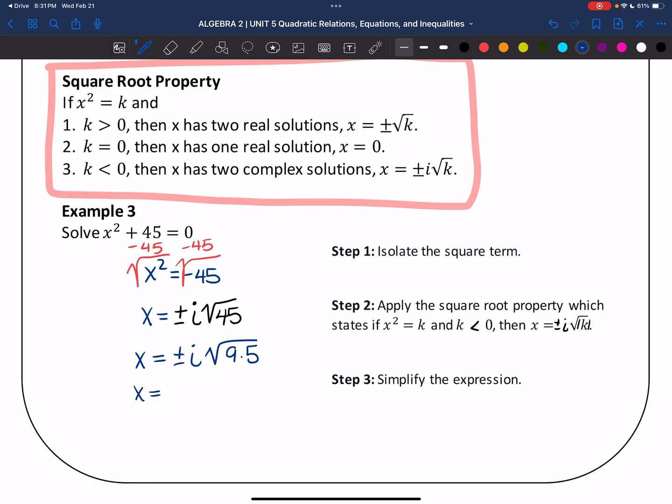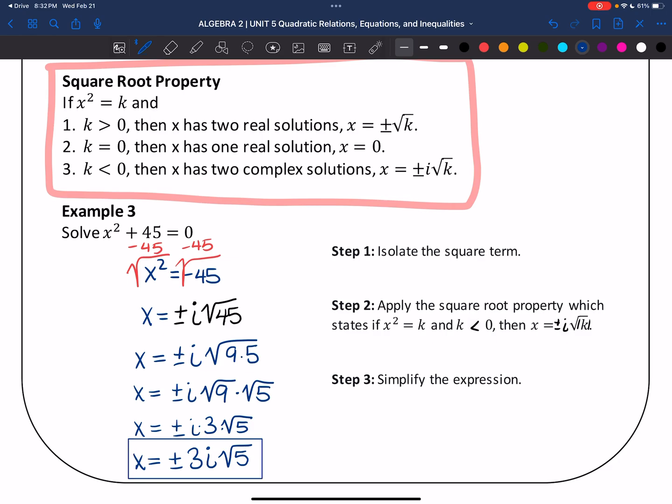So what I have here is the square root of 9 and the square root of 5, but the square root of 9 is 3. So I have i times 3 times square root of 5. The best way to format this is to put the 3 in front of the i, and then the radical at the end. That is the way we should format our final statement.